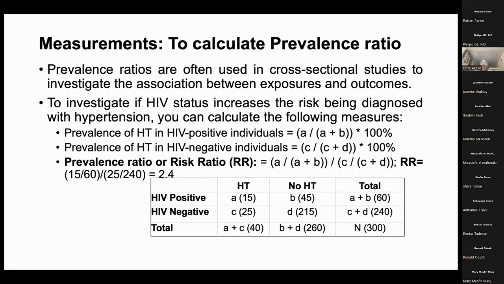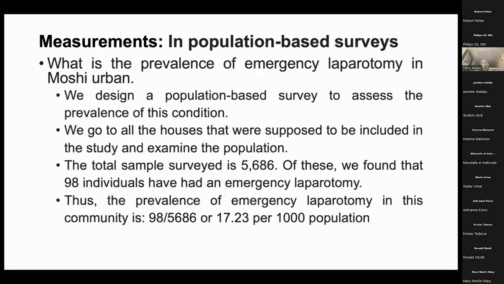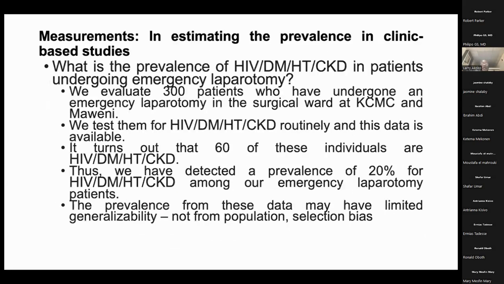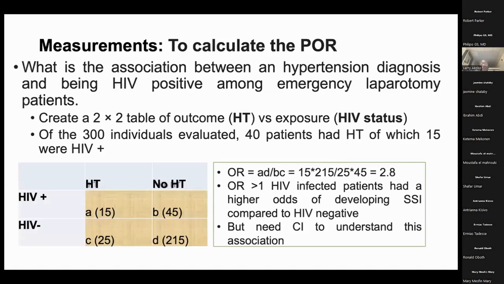So again, looking back to how to interpret the risk ratios, just like with the odds ratio, our prevalence ratio is greater than 1. So we are saying that being HIV positive is harmful, as it predisposes to developing hypertension among these patients.